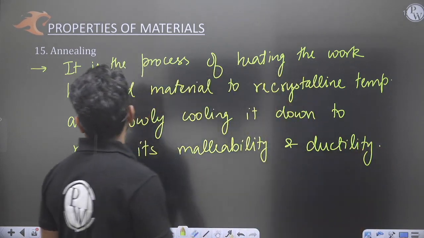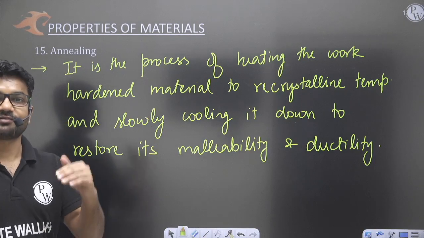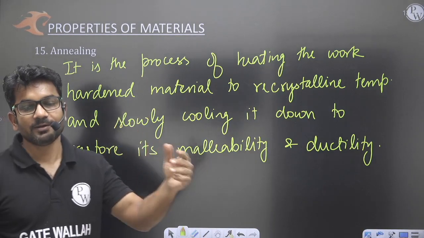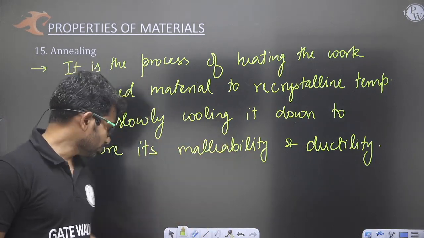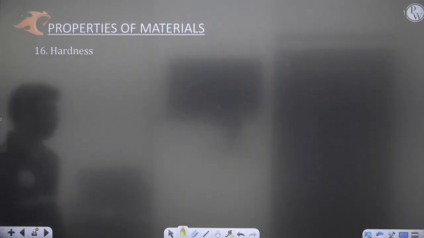Okay, so this is the process of annealing. I have heated the material to recrystalline temperature and then slowly I have cooled it down, so the ductility and malleability of the material are restored.